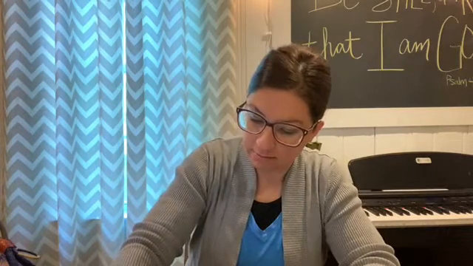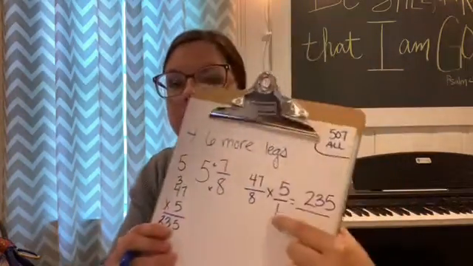All right, so we need to find out what 47 times 5 is. 5 times 7 is 35. 5 times 4 is 20, plus 3 is 23. So we have 235, and then 8 times 1 is 8.